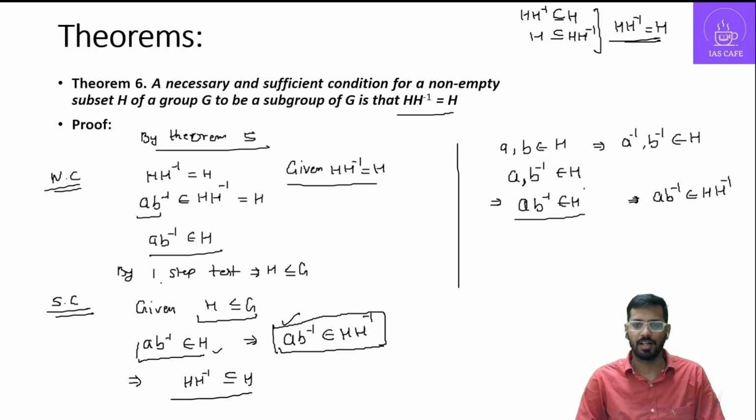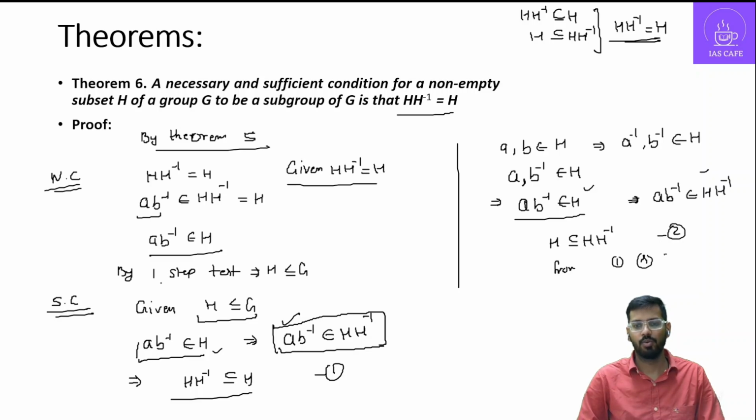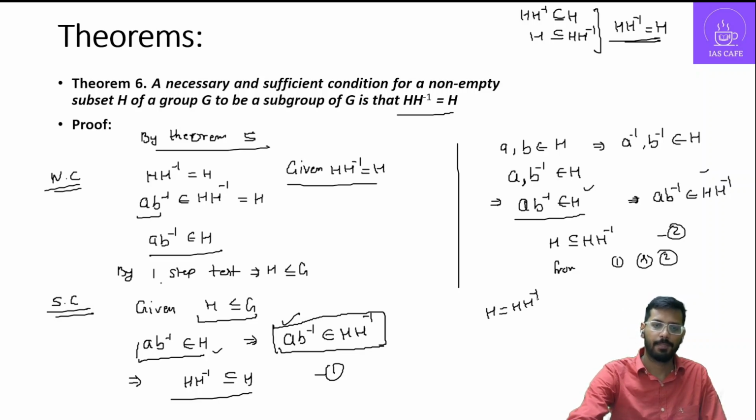Okay. So we started from this and ended here, then we can say this H is a subset of H inverse. So call this equation 1 and this equation 2. From 1 and 2, we can write H is equal to H inverse. Hence proved.